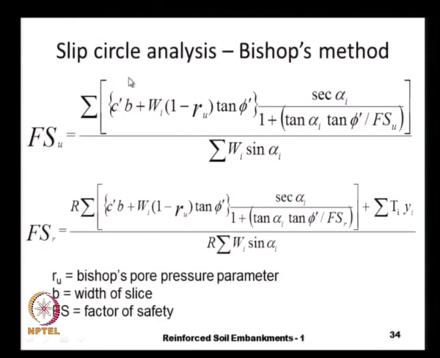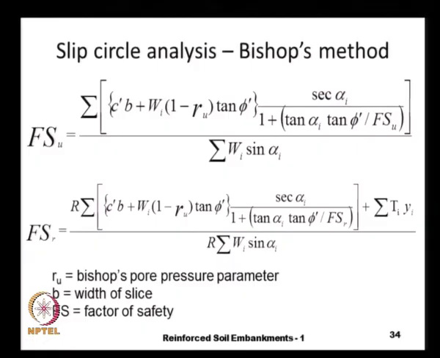And the more accurate way of doing the design calculations is through the Bishop's equation. The Bishop's equation is given like this, which is very similar to the earlier one, except that we have the factor of safety on both left hand side and the right hand side. Actually it is an implicit equation.